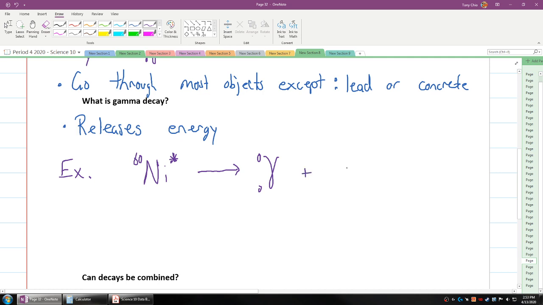And because it doesn't change the element, it's still nickel 60, but it's no longer high energy. It no longer has that star. So this is how you show gamma decay with an element.